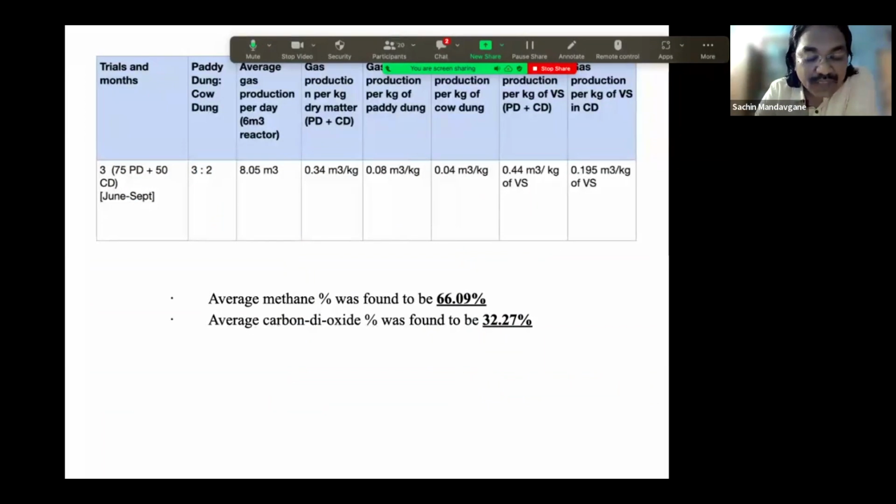Had I used only cow dung, 125 kgs of cow dung, I would have got 5 meter cube of gas. But with the combination of paddy dung and cow dung, I'm getting 8 meter cube of gas. These trials have been going on since March 2023, so we have almost 1 year of data. And fine, I will move forward.